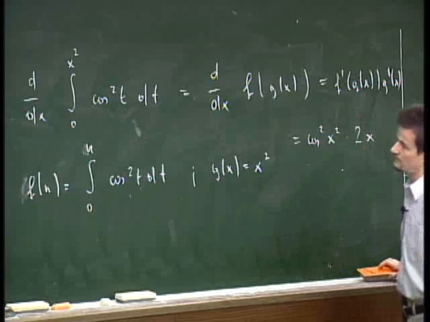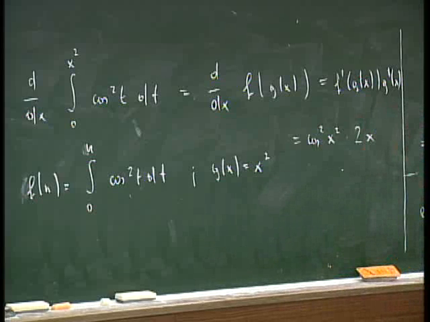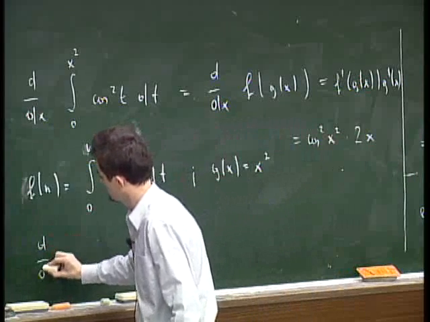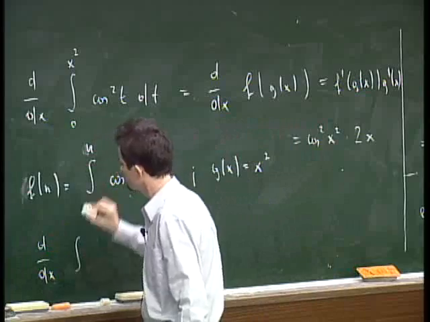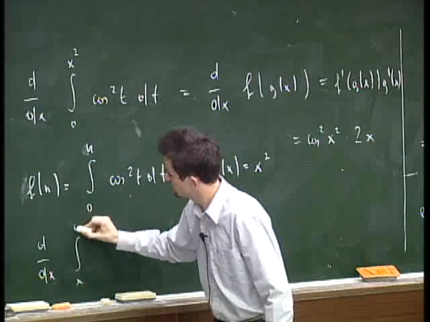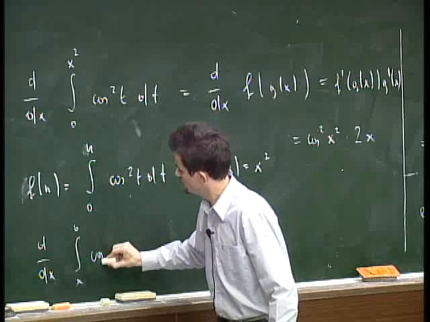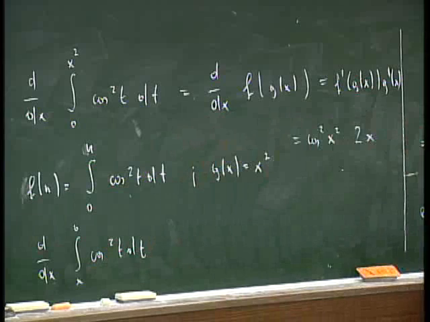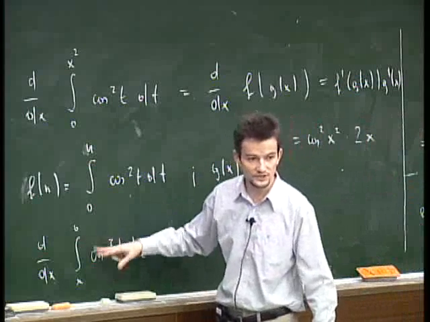Now, there are many variations of this problem. For instance, if you are asked to compute the derivative of this function here, the way you do it is you interchange the limits.